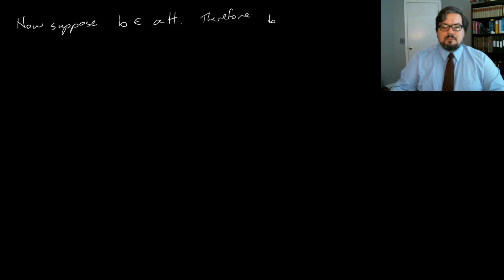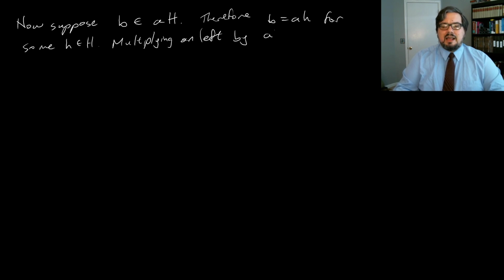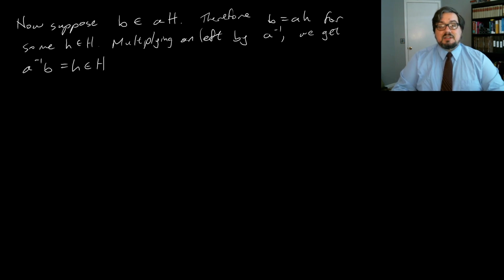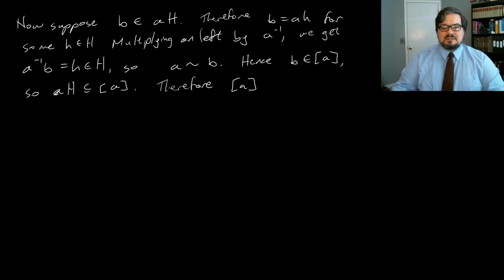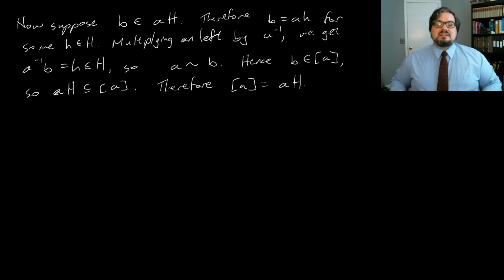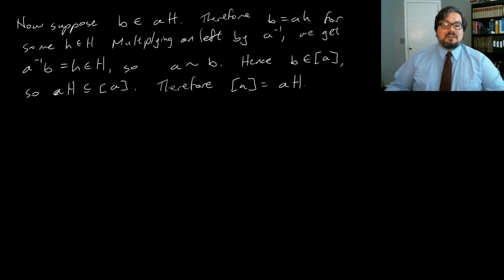Therefore, B equals Ah for some h in H, and then multiplying on the left by A inverse, we get that A inverse B equals h, which is, of course, an element of the subgroup H. So that means that A is related to B. Hence, B is in the equivalence class of A. So that means that the coset AH is a subset of the equivalence class of A. Therefore, the equivalence class of A equals the left coset AH. And this is the part of the argument that would be slightly different if you change the definition of the equivalence relation, and you would get the right cosets instead of the left.